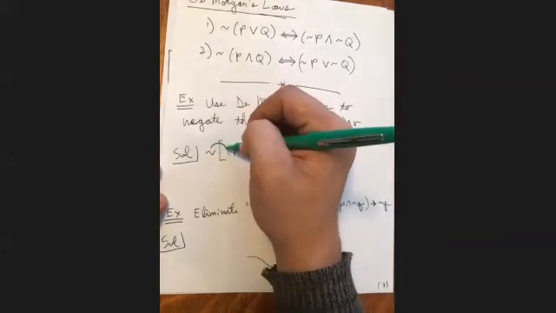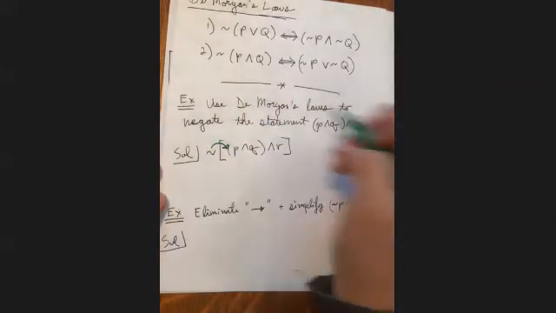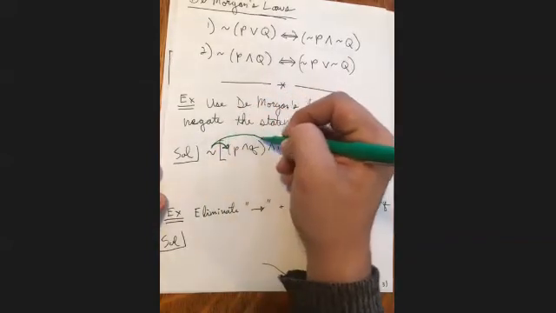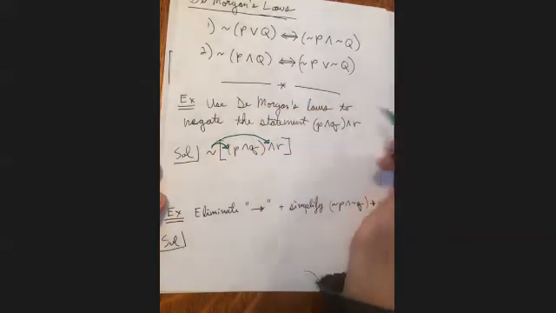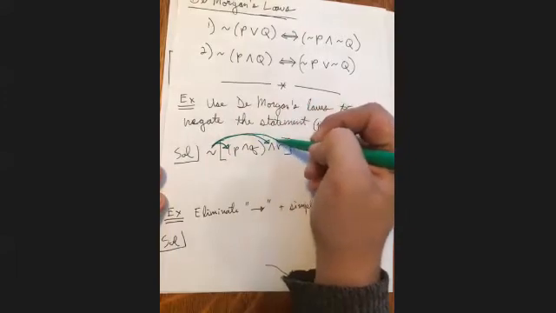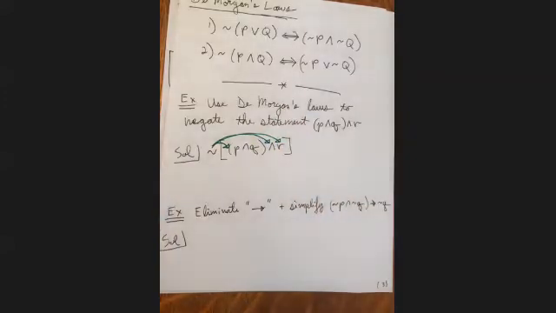So I'm going to distribute it to the statement with parentheses, and then I'm going to distribute it to the or symbol, and then I'm going to distribute it to the R as well.